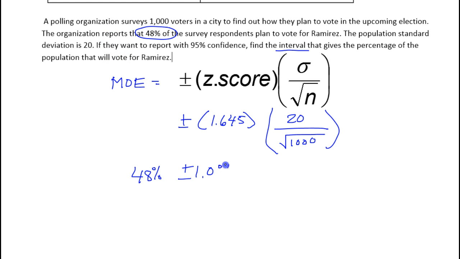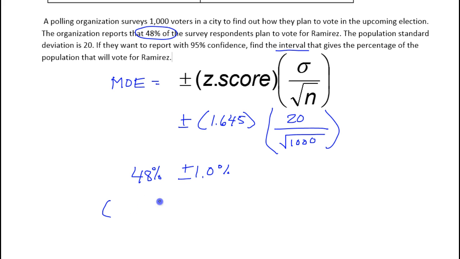But now my margin of error says that could be a little higher or a little lower by 1%. And we can be 95% sure that the true percentage of the population will be in here somewhere.